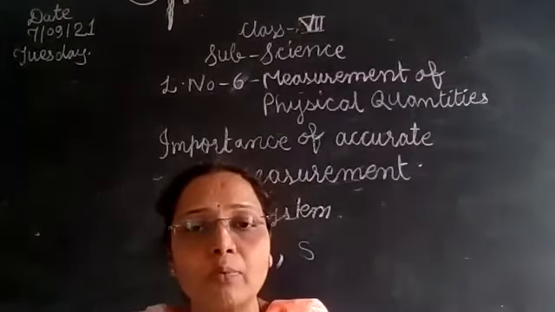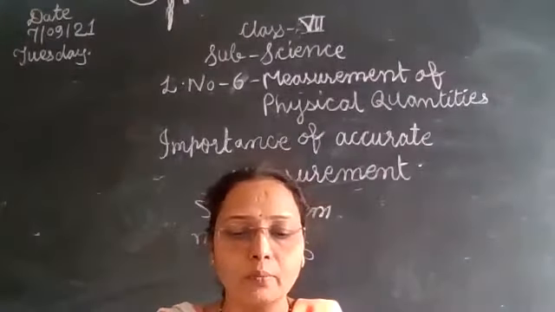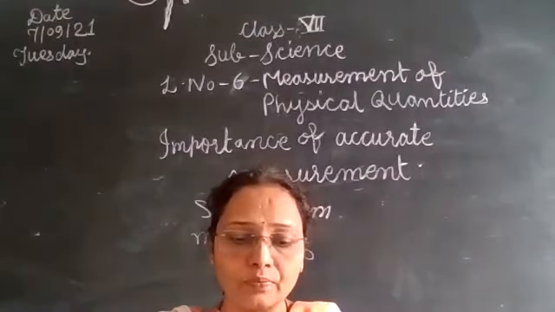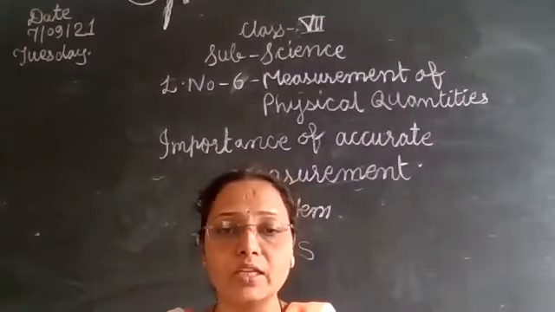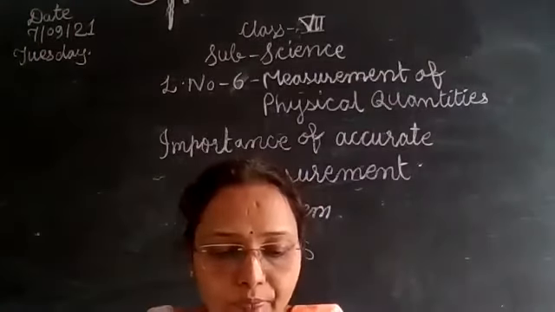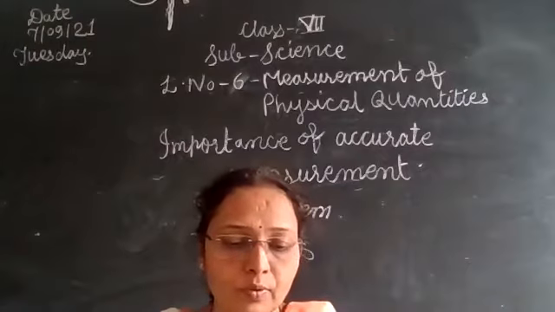So, the importance of accurate measurement. Accuracy is very important. Measurement of substances that are precious, of great importance, and used in very small quantities is done meticulously and accurately. It should be accurate and proper.